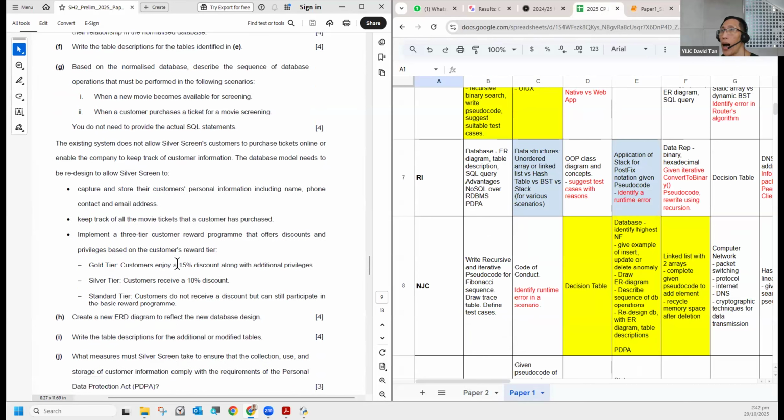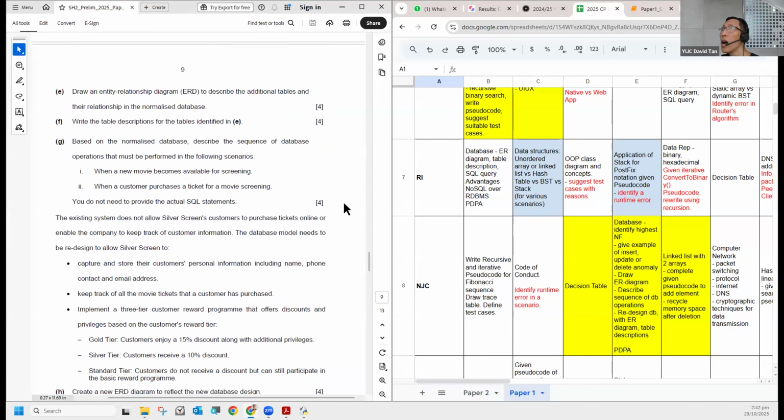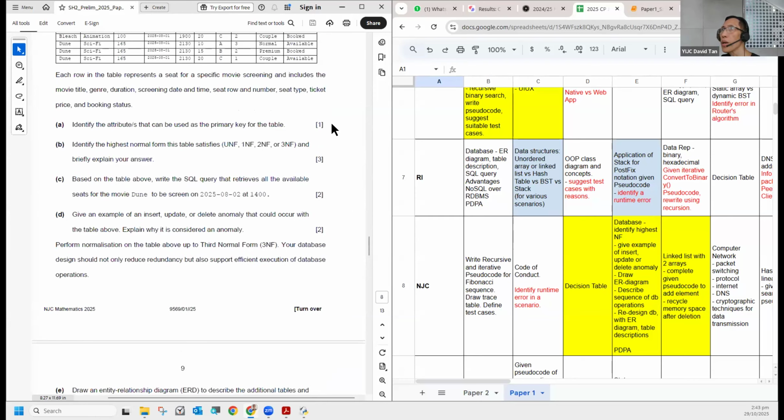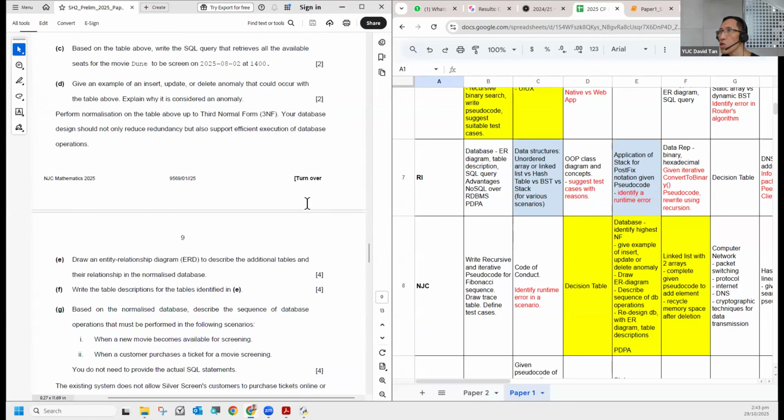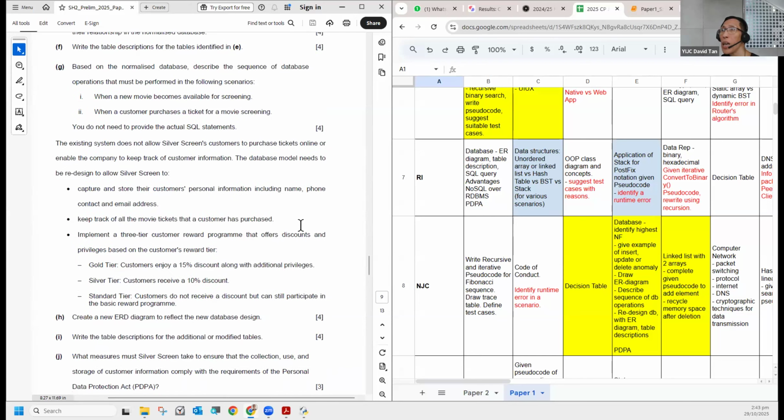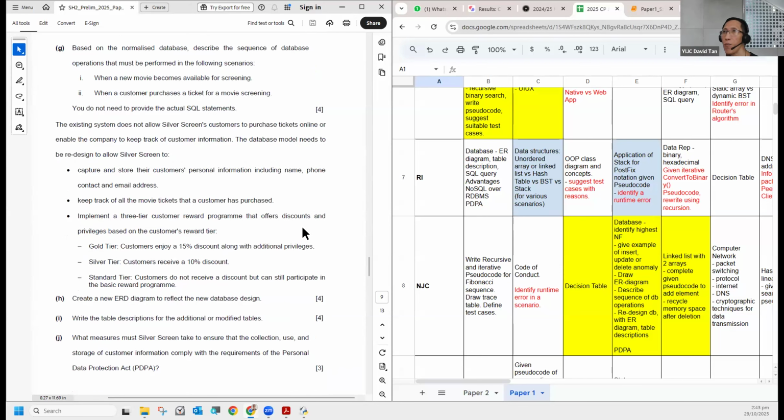This is pretty interesting, but as a database question it is very elaborate. I didn't count the total score, but if you do a quick check, this database weightage is super high, because it involves those modifications. But it is an interesting question.